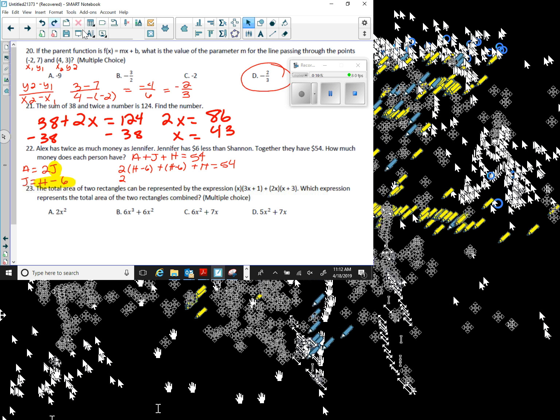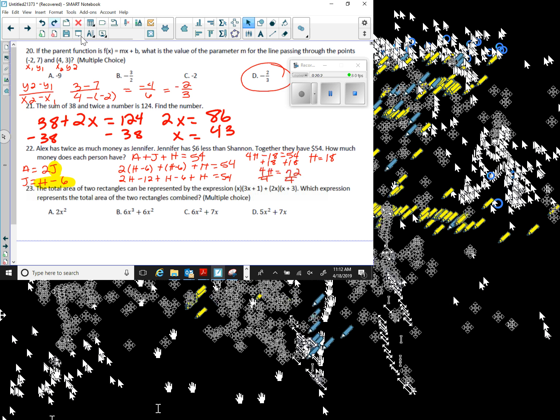Well, you have to distribute first, so that's 2H minus 12, and then you have 2H plus H, which is 4H. Negative 12, negative 6 is negative 18. You add 18 to both sides, you get 4H equals 72. Divide by 4, you get H equals 18.